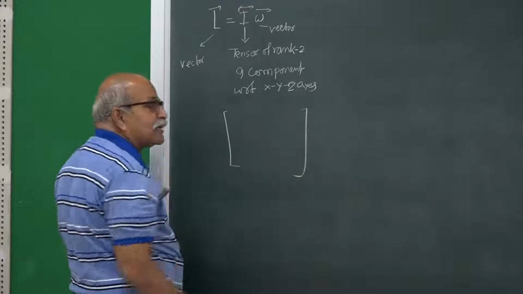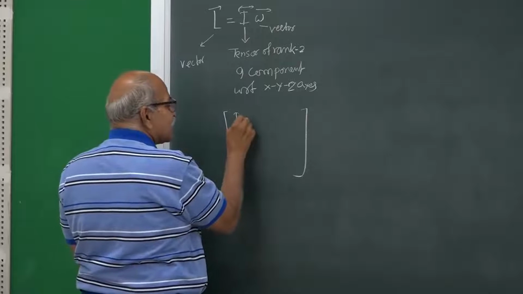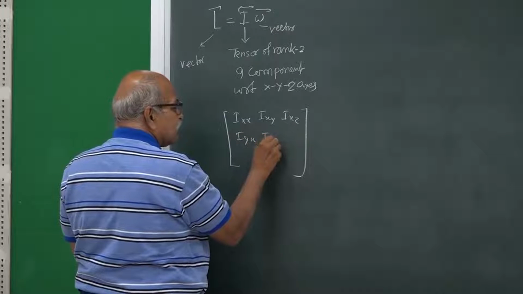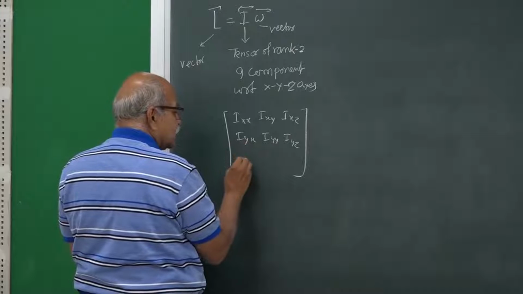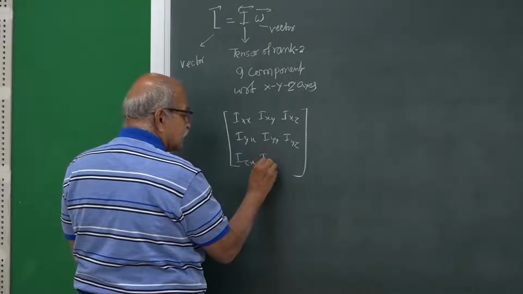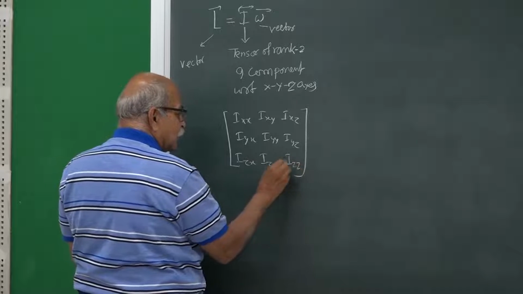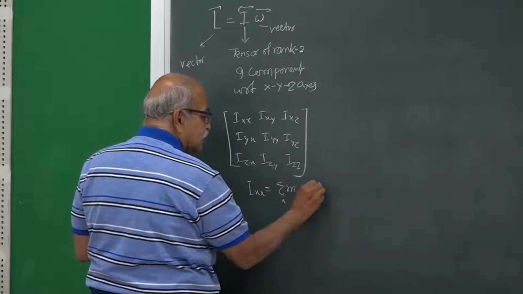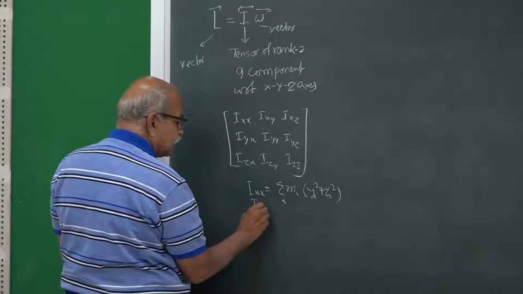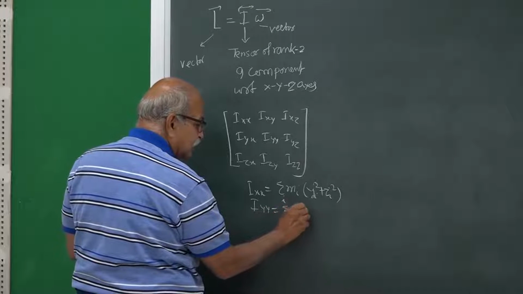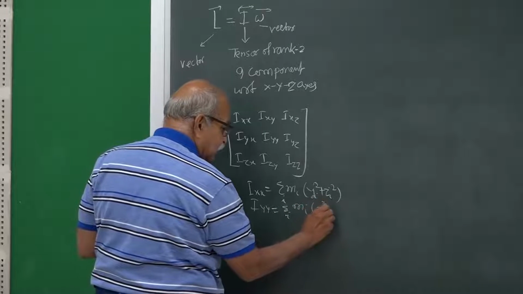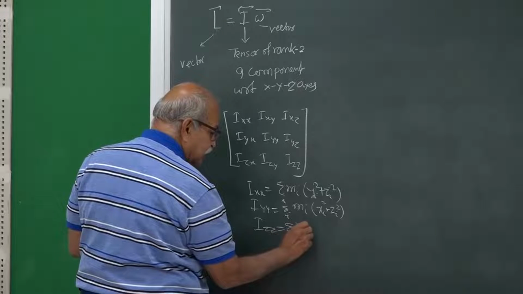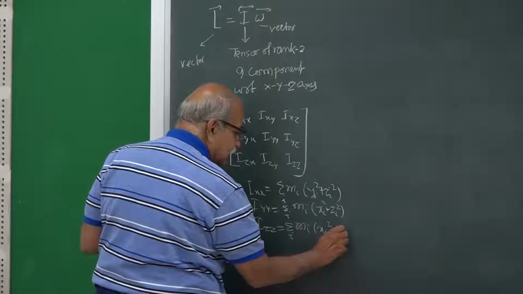We had this moment of inertia tensor, which is I xx, I xy, I xz, I yx, I yy, I yz, and then I zx, I zy and I zz, with I xx equal to summation over i of m i (y i squared plus z i squared), similarly I yy is summation over i of m i (x i squared plus z i squared), and I zz is summation over i of m i (x i squared plus y i squared).